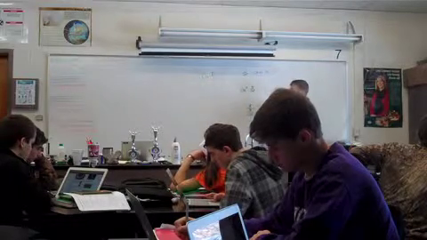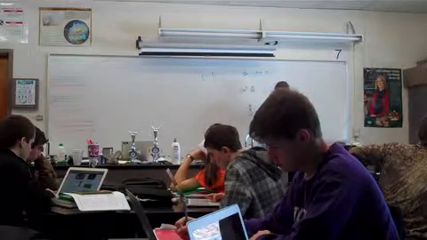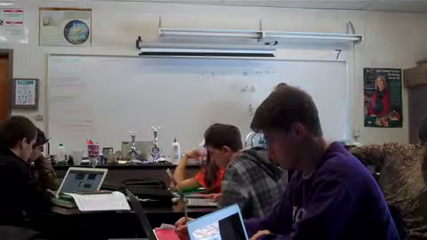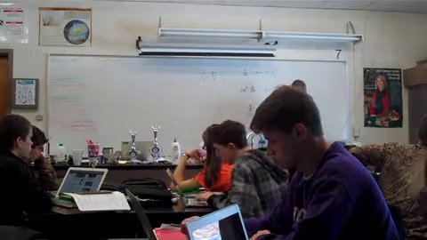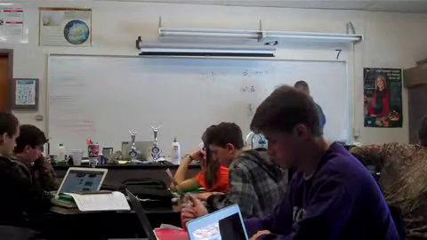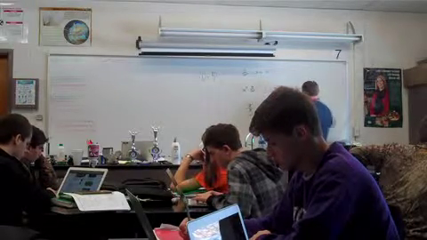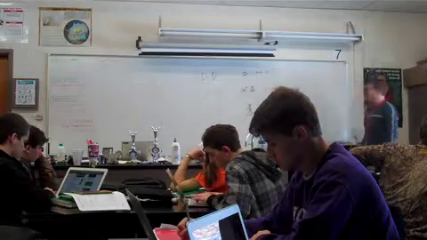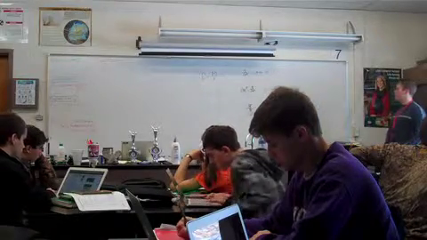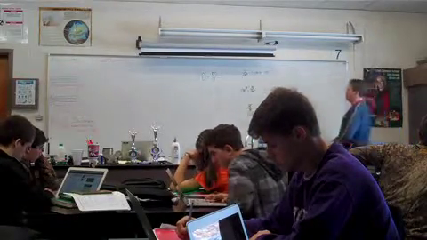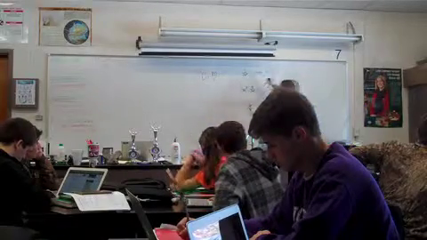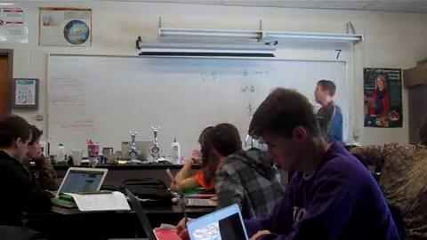So 1 divided by 1 over a centimeter cubed will give you a centimeter cubed, which is the unit of volume. So just wanted to show you there how units cancel out to make this happen.